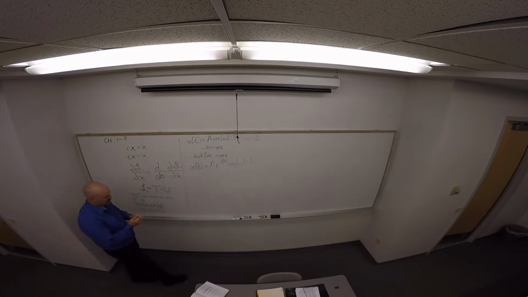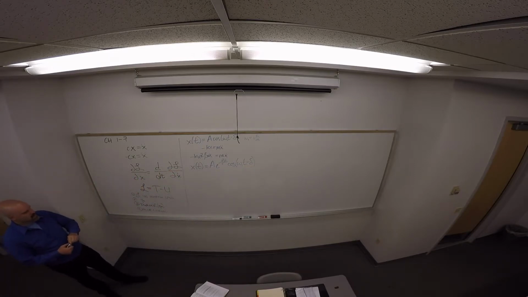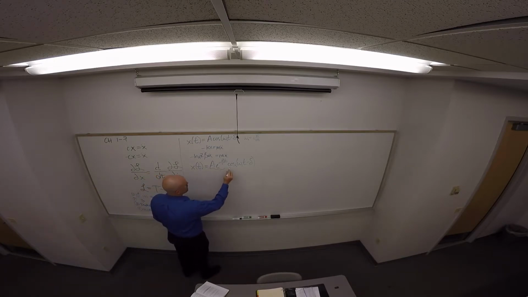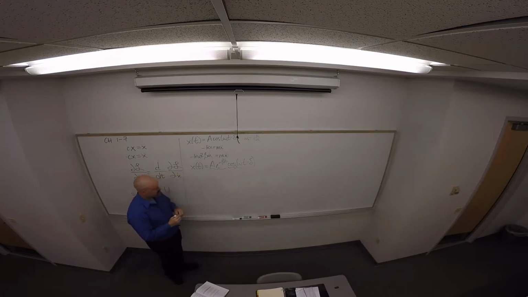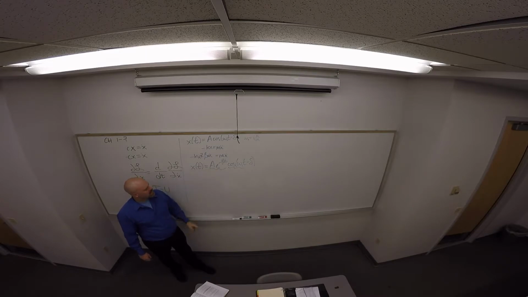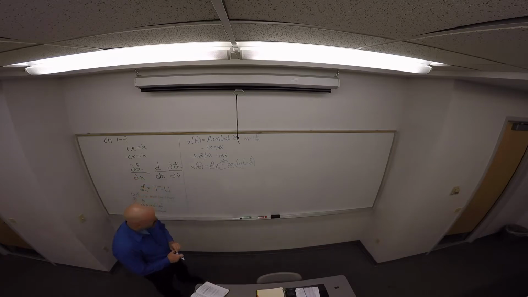So those are the 2 I care about. The way I look at this is I group this together and this separately. This is just the same solution you had before with a slightly modified frequency because of the damping. This is essentially the amplitude exponentially decaying as you remain negative. I lied though. This is the solution in what case? In underdamped. The underdamped case. Okay. And there are 2 other solutions.